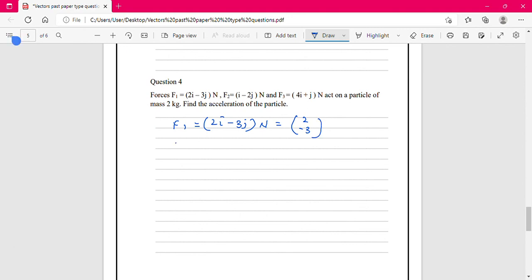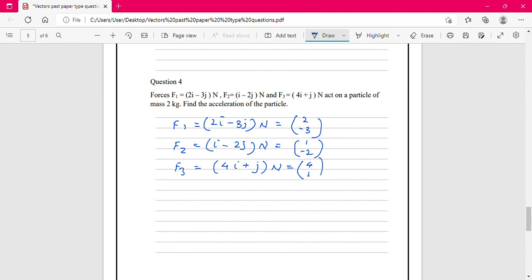Then another force F2 is i minus 2j newtons, which in column form is (1, -2). And the third force F3 is 4i plus j newtons, which in column form is (4, 1).